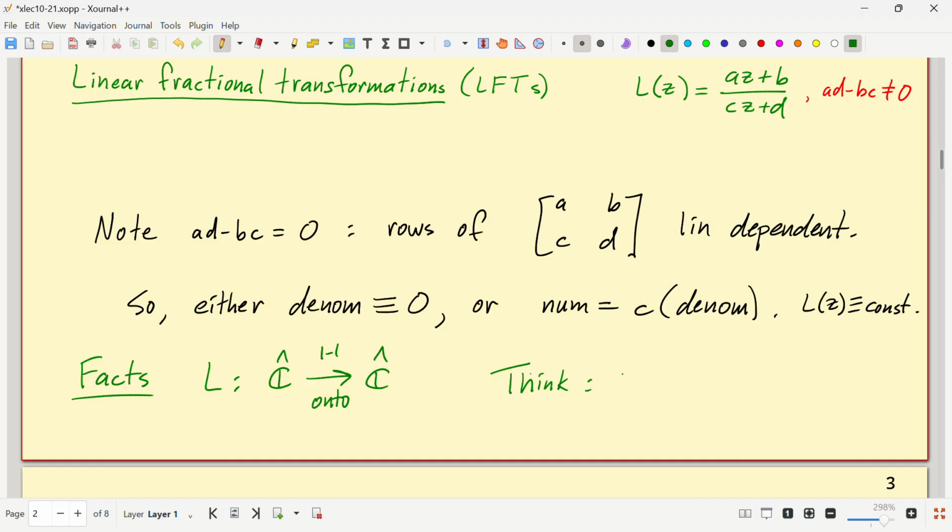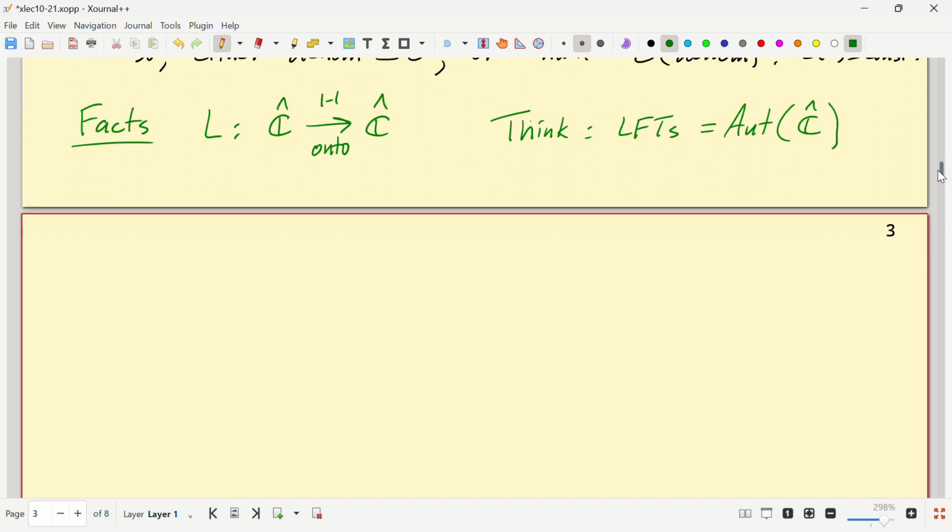So think LFTs equal the automorphism group of the extended complex plane; it's true in the sense of Riemann surfaces. The extended complex plane is a compact Riemann surface. And those linear fractional transformations can be viewed as analytic mappings of that Riemann surface to itself. Okay, so I want to show that fact is true.